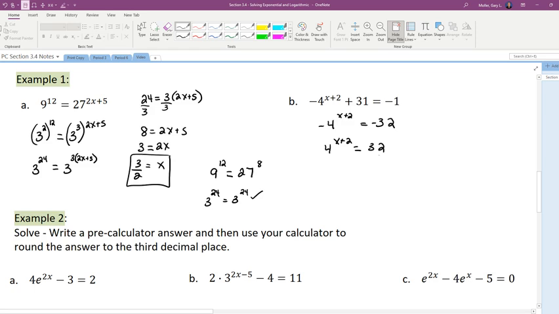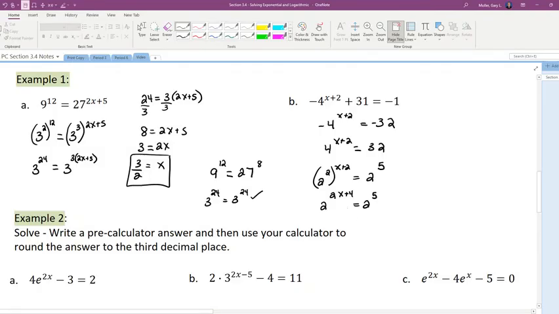Once again, I could mess with some logarithms here, but I don't need to, because again, I recognize 4 and 32 come from the same thing. So this becomes 2 squared to the x plus 2 equals 2 to the 5th power. And so I get 2 to the 2x plus 4 equals 2 to the 5th.